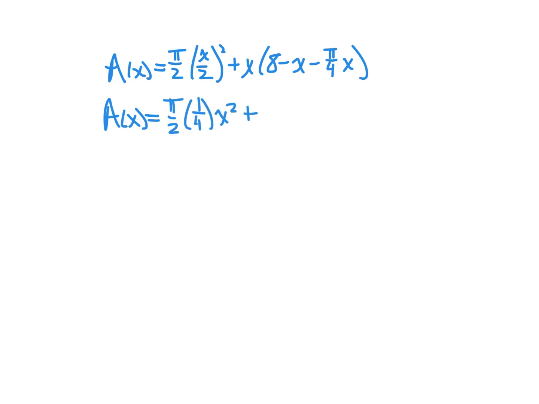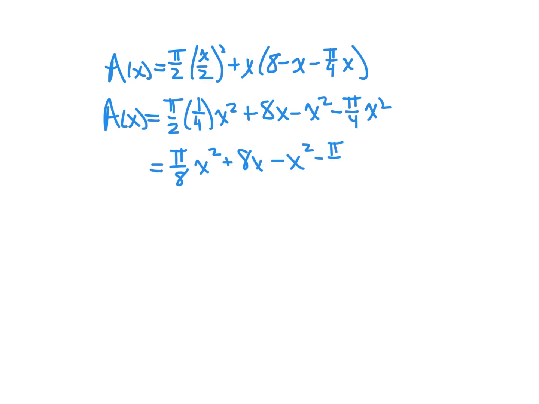In the second term, I'm going to distribute that x, so we'll have 8x minus x squared minus pi over 4 x squared. Cleaning things up a little bit more, we've got pi over 8 x squared, our 8x minus x squared minus pi over 4 x squared.